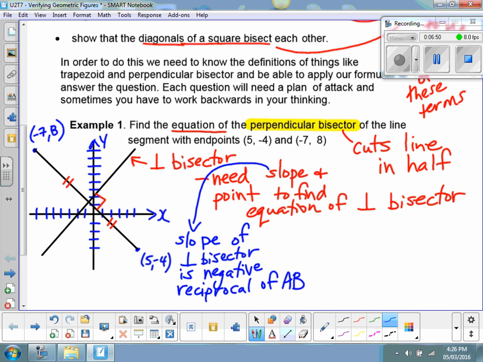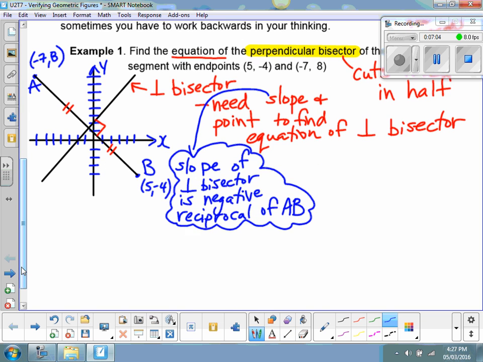I'm going to call this line AB, so we know which line we're talking about. This is an important thing to realize in order to find the equation of the perpendicular bisector. So the slope of this line is going to be the negative reciprocal of the slope of that line.